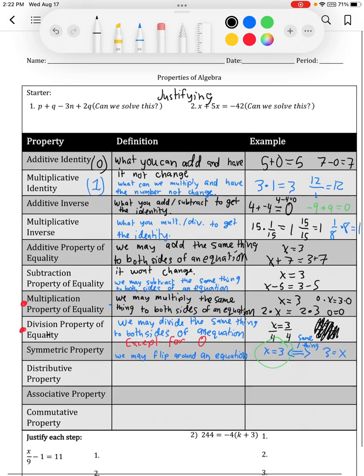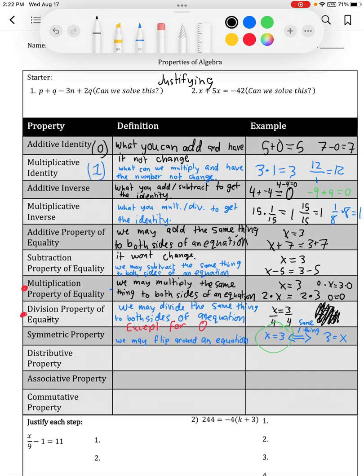The distributive property is a relationship between multiplication and addition. And it's basically, this is not the most accurate definition in the world, but it'll do what we need it to.